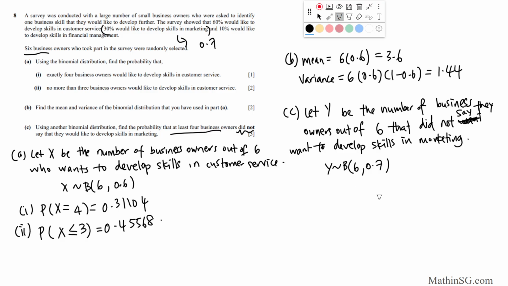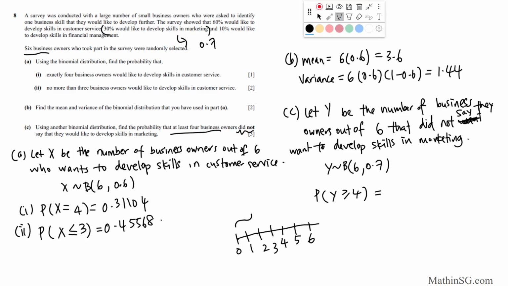Then they say P of at least 4. At least means greater than or equal to 4, right? But our GC's binomial CDF is programmed for less than or equal to. So if I want 4, 5 and 6, the distribution goes from 0, 1, 2, 3, so I need to take everything.